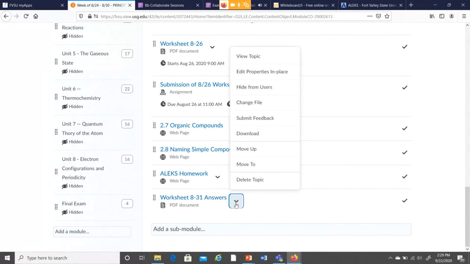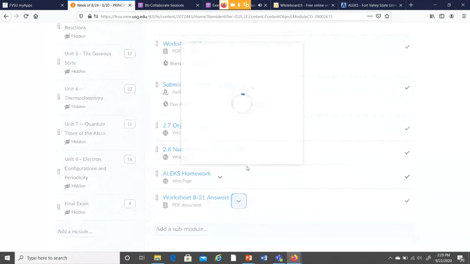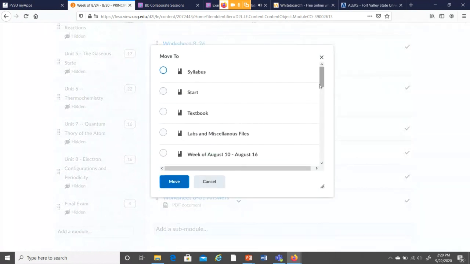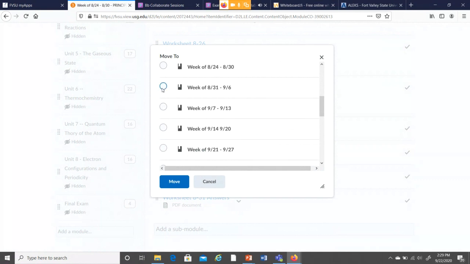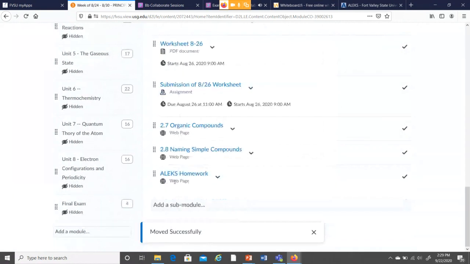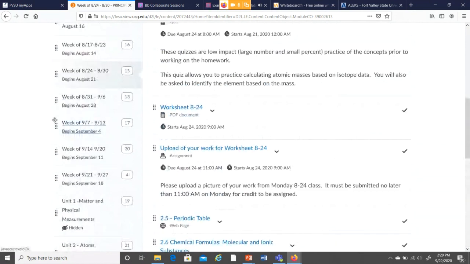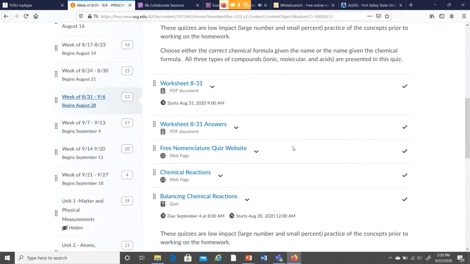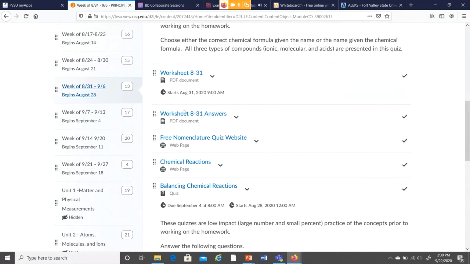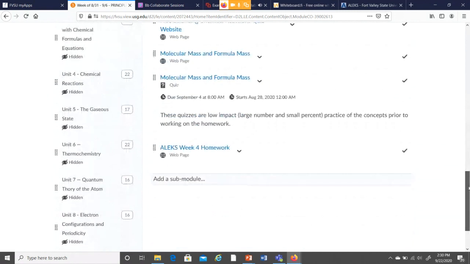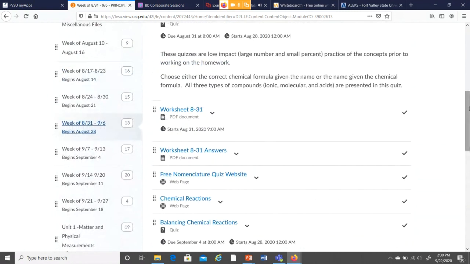Let's see, I want to move to this one. There it is. Oh, there's the 831 worksheet answer. I already had it in there. I just don't have the balancing reaction one. Or no, it moved up there. So there it is. It's now in the 9 o'clock. I need to go back to the 10.